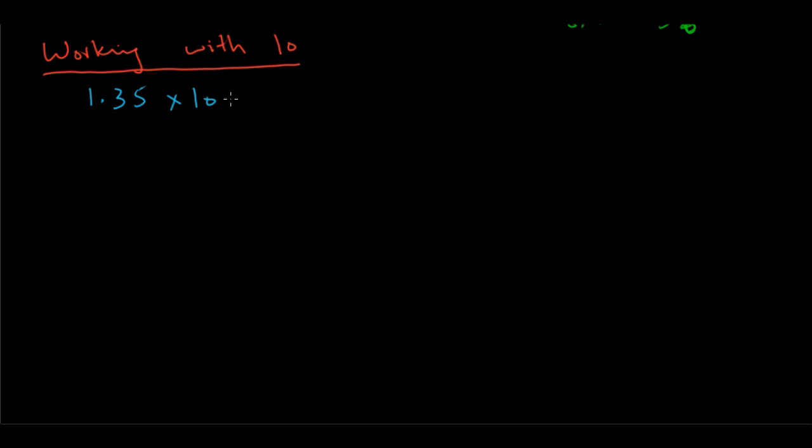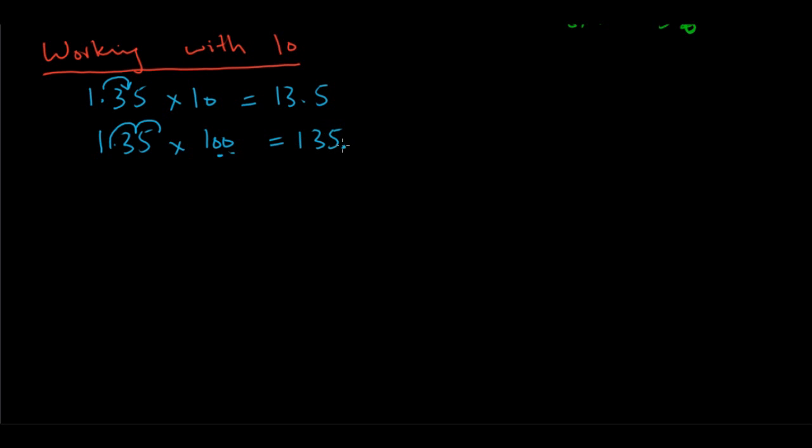Here, we don't go to the calculator. What you have to do is move your decimal one place to the right, and you'll get the answer, 13.5. Let's say you have 1.35 times 100. Well, move your decimal 2 places to the right, because 100 has 2 zeros. So you'll get 135.